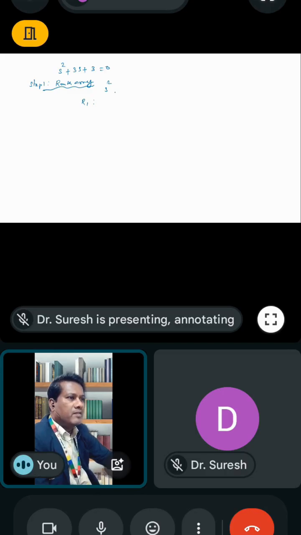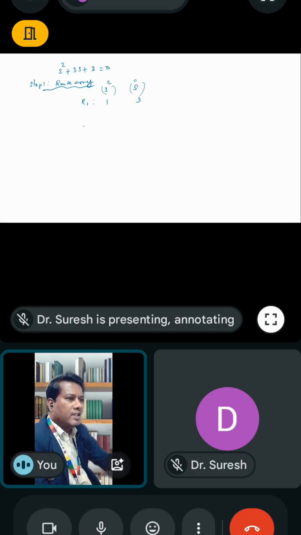The highest power here is s power 2, an even number, so consider only even powers in this first row: s squared, whose coefficient is 1, and s power 0, whose coefficient is 3.